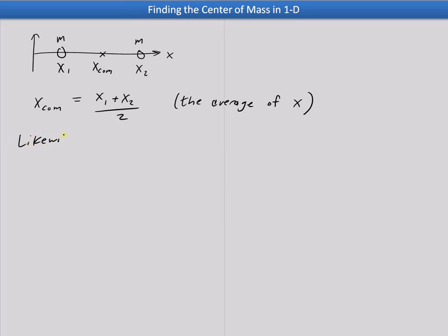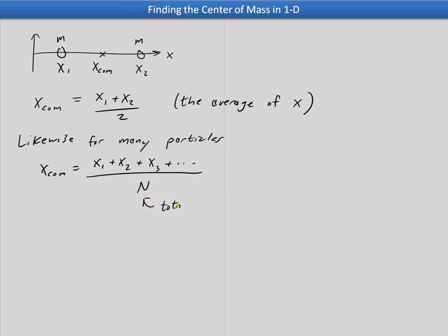Let's try something similar. Let's do many particles, still all with the same mass. Then the center of mass would be located again at the average location. It would be at x1 plus x2 plus x3 plus however many x's you have, divided by the total number.